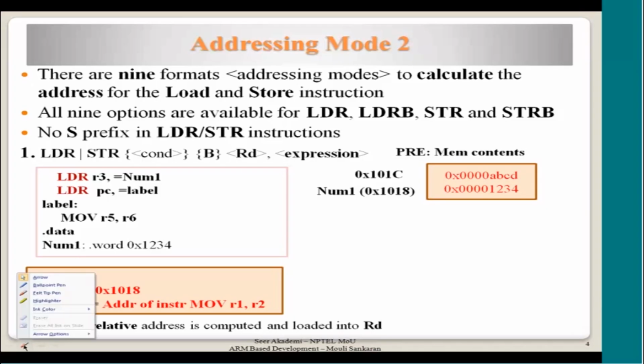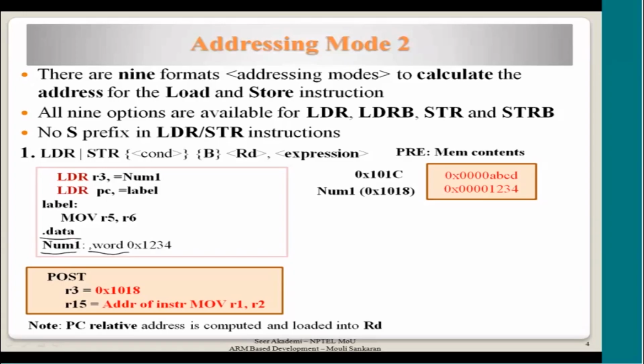Where is it declared? It is declared in a data segment that is represented by .data. Okay, let me take a pen in case it helps you. So .data is a separate data segment. It is something different from the code, where you have declared a variable called num1 and you are saying .word. Please see that there is a dot before. It may not be visible from a long distance.